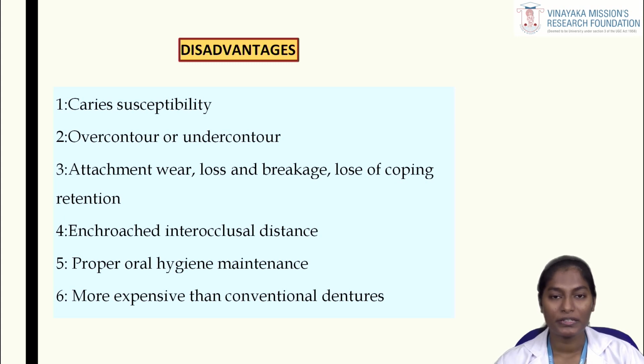Since there is going to be teeth over teeth, encroachment on the interocclusal distance also happens sometimes, and proper oral hygiene maintenance is mandatory. When compared to the conventional complete denture, these overdentures are quite a bit more expensive.